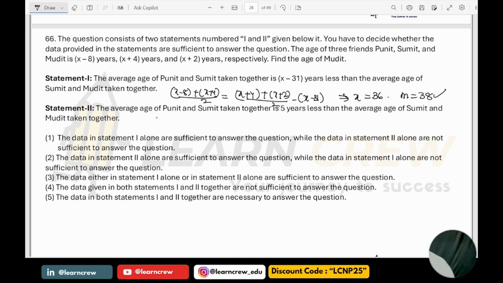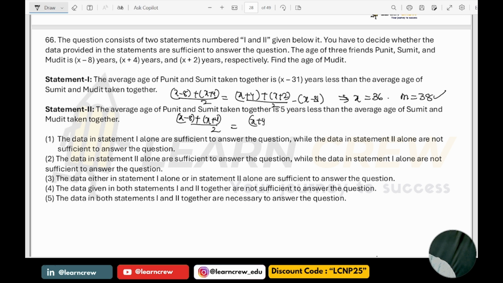What about 2? The average age of P and S taken together is 5 years less than the average age of S and M taken together. So x minus 8 plus x plus 4 by 2 is x plus 4 plus x plus 2 by 2 minus 5.